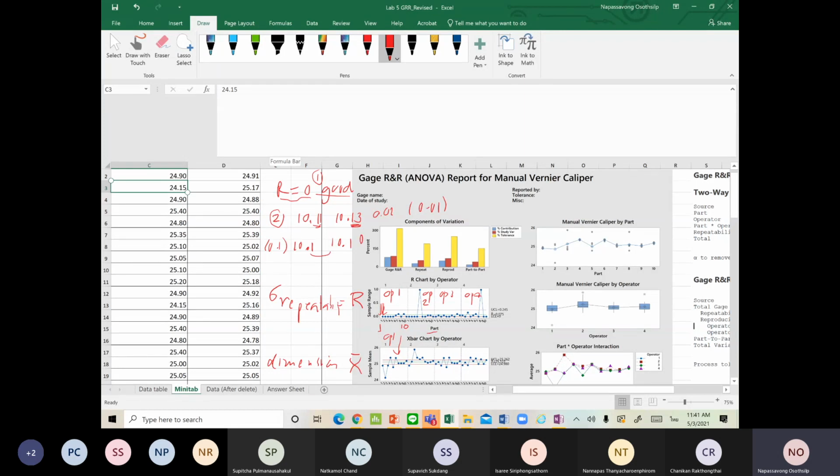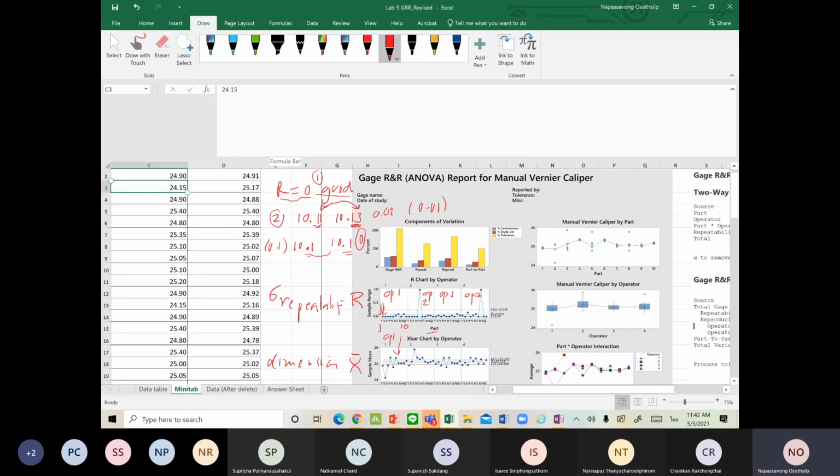But it's 0 not because the 2 parts are not different, but because the resolution is too rough, so it doesn't see the difference in the second decimal place. So you have to be very careful about this.